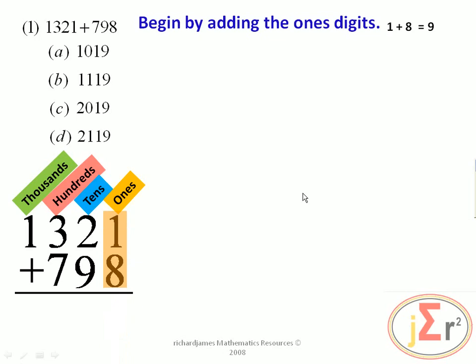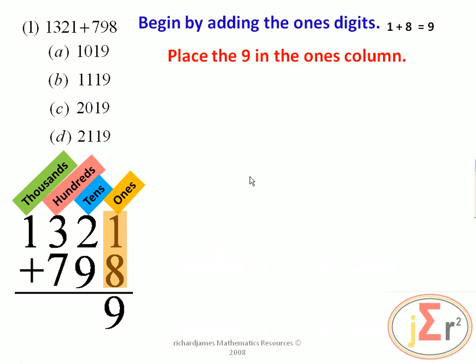Right, so 1 plus 8 is equal to 9. What do we do with that 9? Because it is the ones digit that we are adding, the result will go in the ones column.